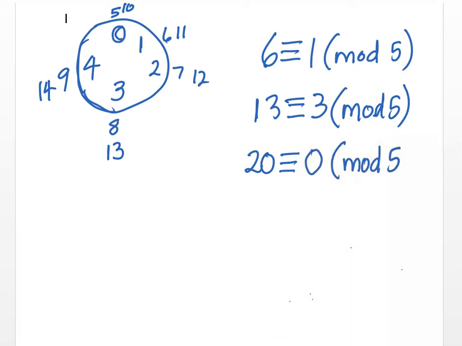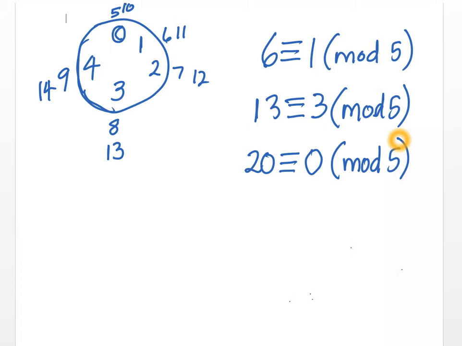When anything's congruent to 0, it means that 5 goes exactly into it, or whatever the modulus that you're working with goes exactly into that number. So I can tell you a whole lot of other numbers that would be congruent to 0 mod 5: 5, 10, 15, 20, 25, 30, because 5 goes into those exactly. They'd all be congruent to 0 mod 5.